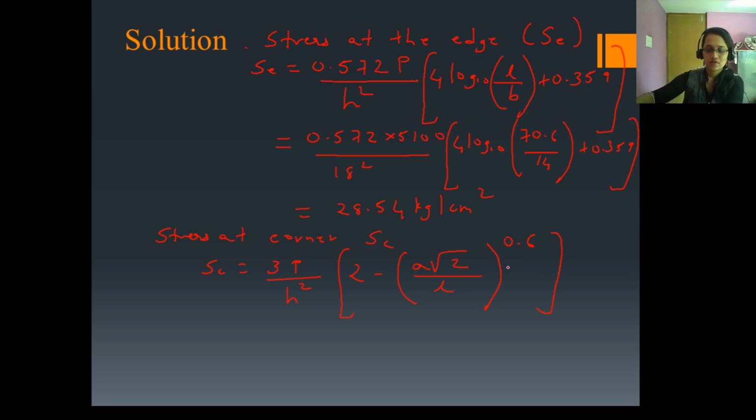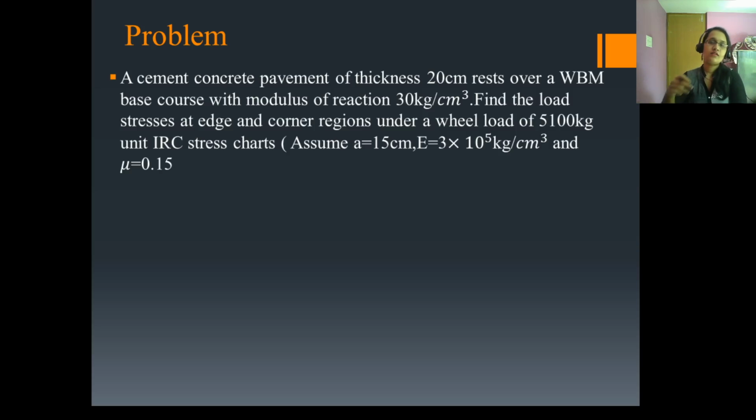So again substitute all these values here. A is 15, L is 70.6, P you know as 5100, H is 18. After simplifying all this, you will get it as 24.27 kg per centimeter square. So we have calculated the stresses at the interior, at the edge and the corner. So let us see the next problem.